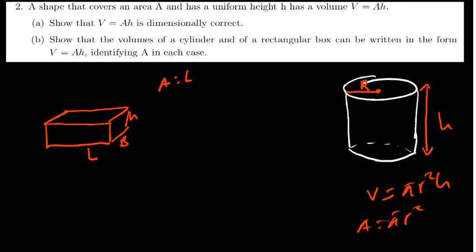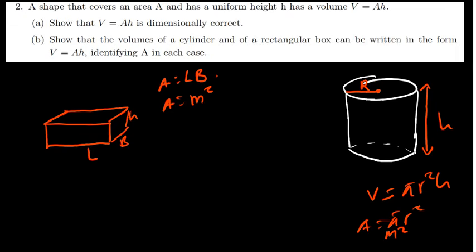L times B. Now, if we say L times B, don't you think this A is the same as the A in the volume of the cylinder, because it also gives us the unit, which is m squared? But this one also gave us m squared. Have you seen? Okay, cool.